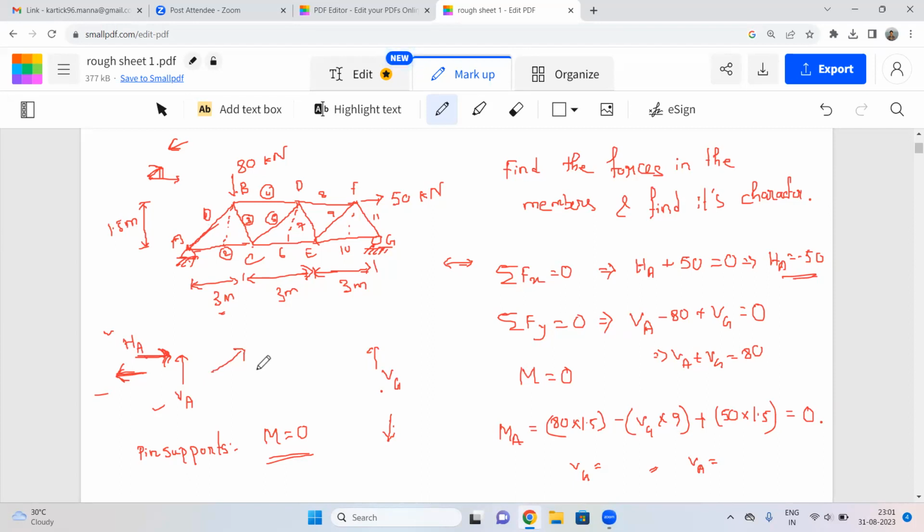So from B, for this member, the opposite one will be the direction. This one is your FAB. Now these two are the unknowns. What happened?